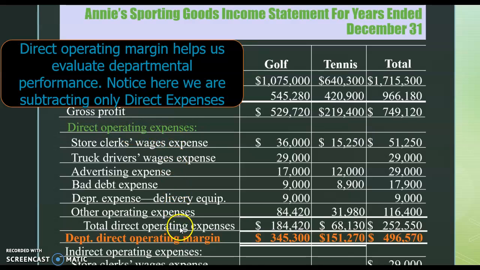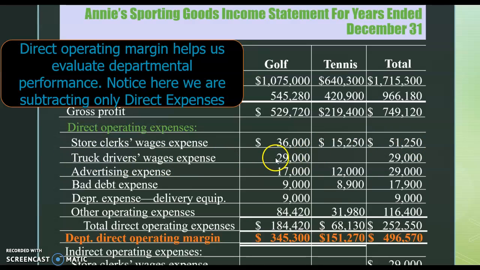The store clerk's wages, remember, for golf was $36,000. That's the two clerks that only work in golf. And the one clerk, $15,250, only works in tennis. So we have a total of just direct store clerk wages of $51,250.